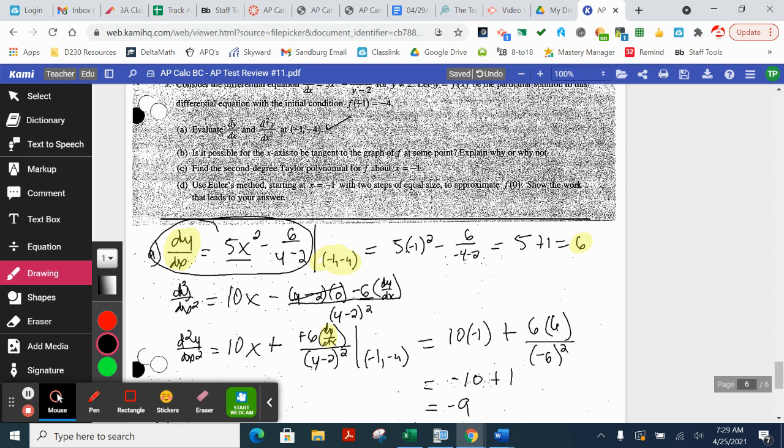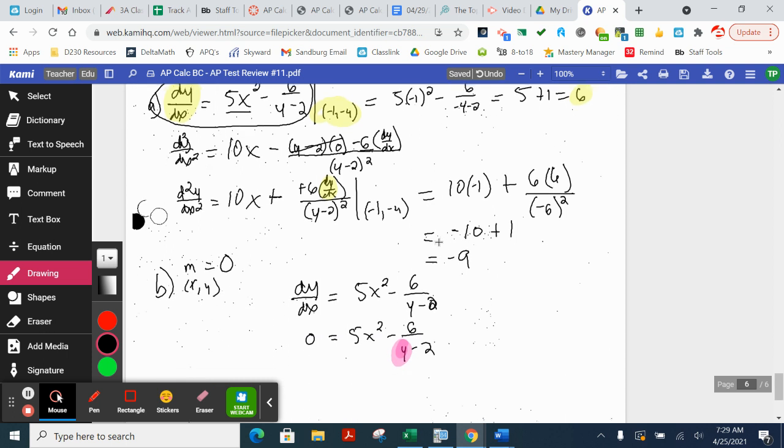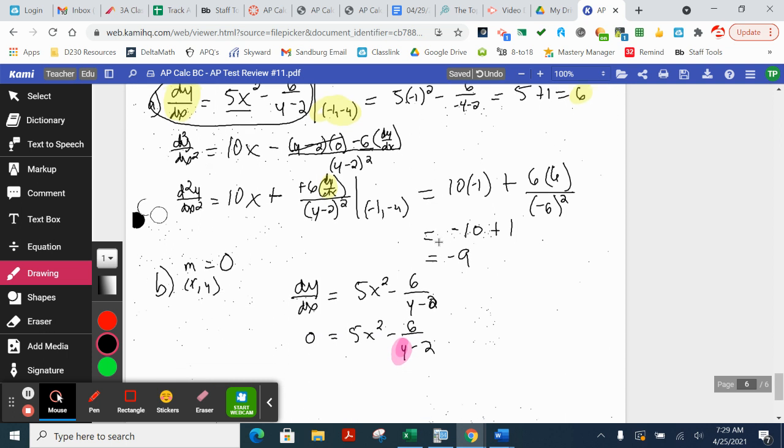We want to be tangent, so they have to have the same slope. So on the x-axis means we know that y has a value of 0. Not only are we setting the slope equal to 0, I'm also going to let y be 0, since we're on the x-axis.